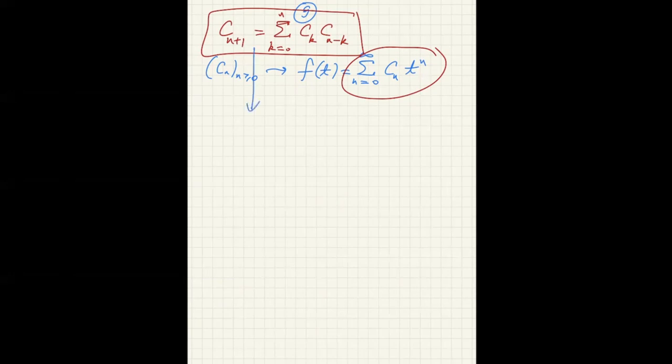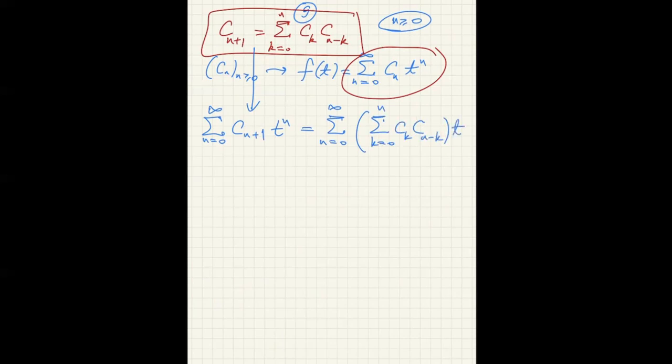Because this relation is true for every n greater or equal to 0, we can write the summation for n from 0 to infinity of C(n plus 1) times t to the n. It's the same thing as the summation from n equals 0 to infinity of the summation from k equals 0 to n of Ck C(n minus k) t to the n.